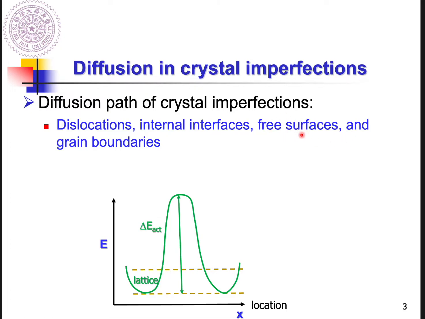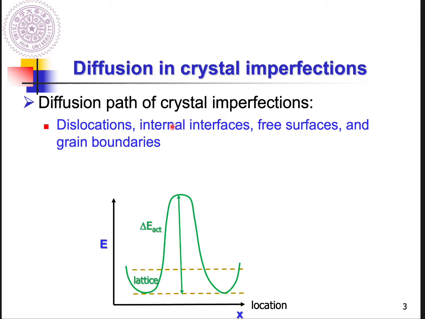The atoms on the free surface usually have dangling bonds, so their energy is usually higher than when the atoms are located inside the material. The same goes for grain boundaries.